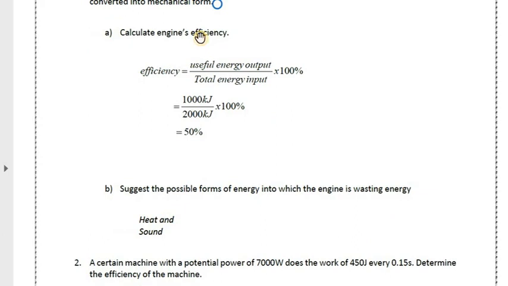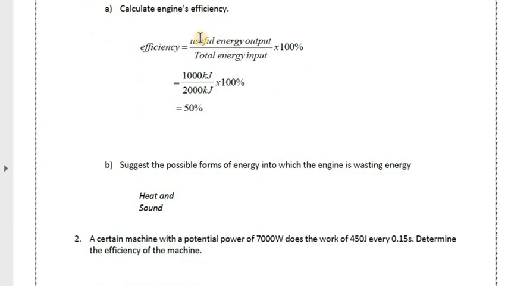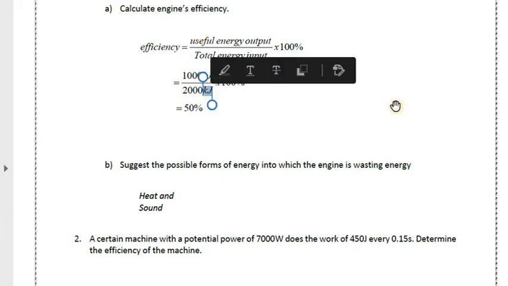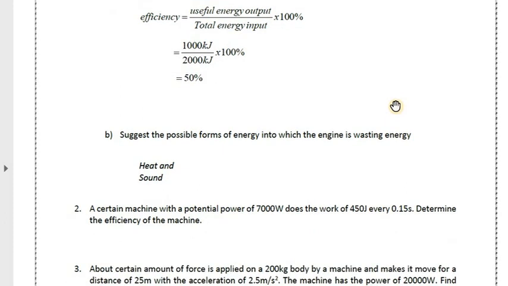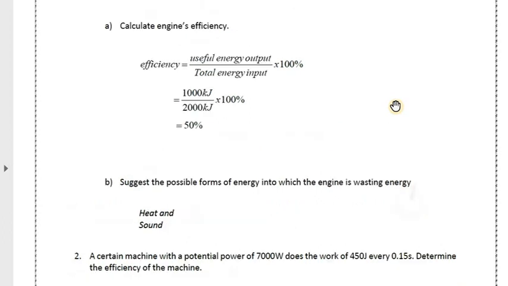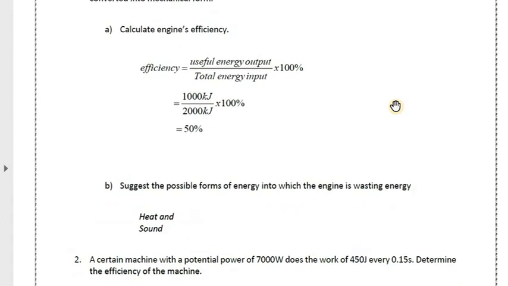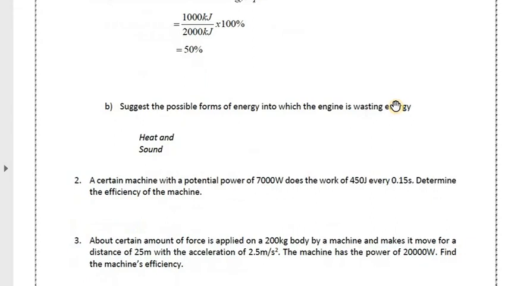Then you multiply it by 100, because efficiency is a percentage. So you say 1,000 kilojoules divided by 2,000 kilojoules multiplied by 100%, and you get 50%. Item B suggests possible forms of energy into which the engine is wasting energy: heat and sound.